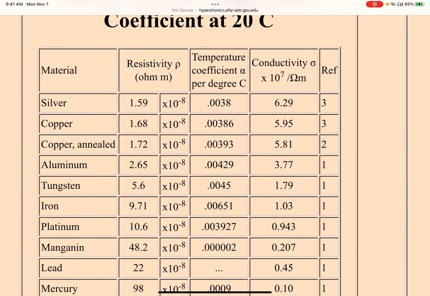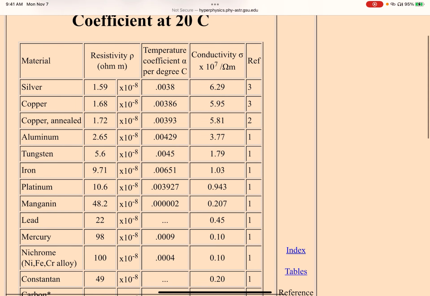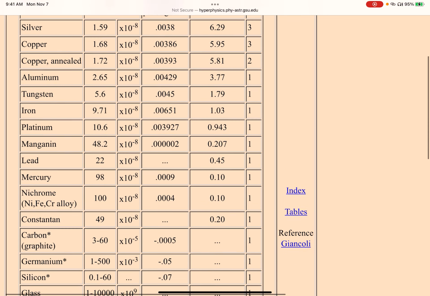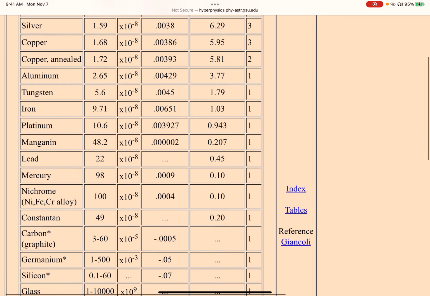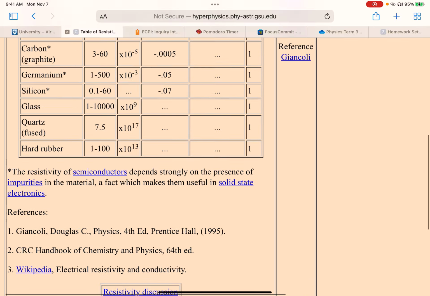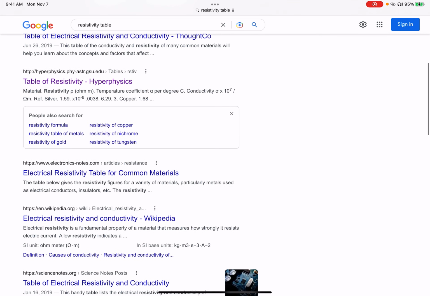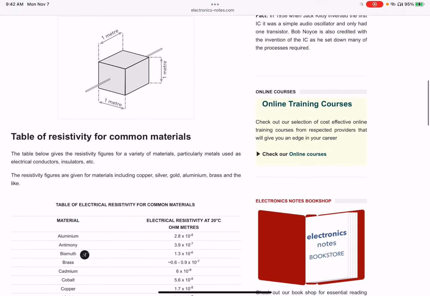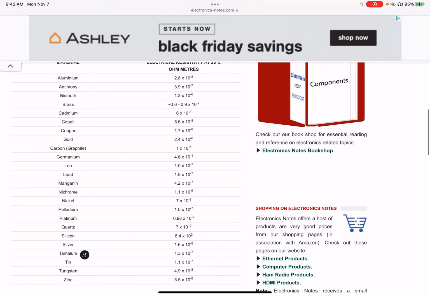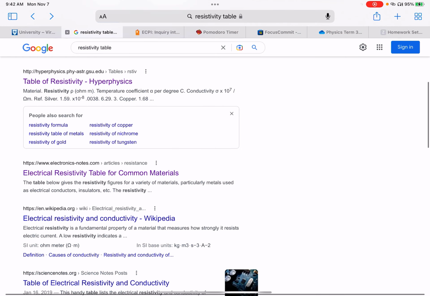You'll see that you have the resistivity in ohms times meter for different things: silver, copper annealed, which are very close, aluminum, tungsten, iron, on and on and on. Of course, you could do this work yourself, but here's a table. I think it is instructive for you to do it yourself. Here's another table right here.